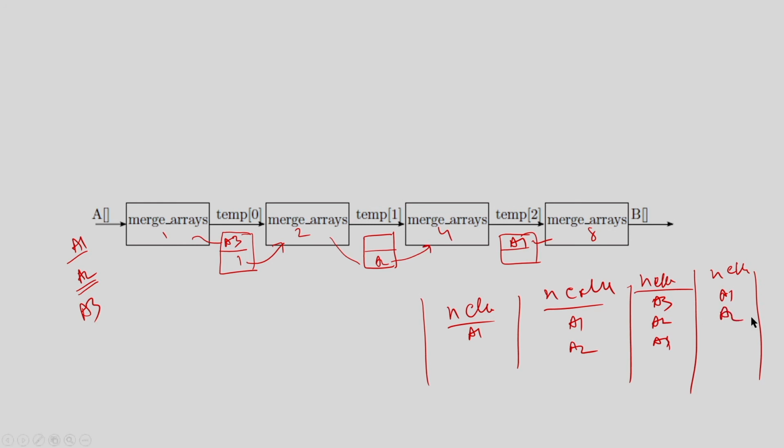So, A2 is also getting processed. This one will now take data from A3, because this is already processed, and do the merge by 2. At the same time, I will go to the next array A4 and store it into this one, right. Here this A3 is there.